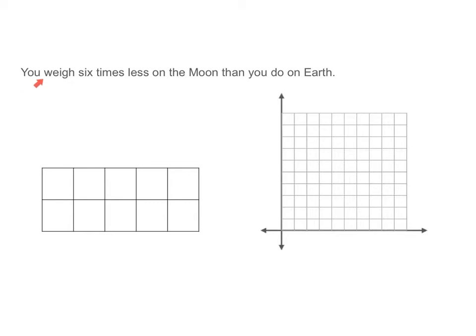All right. This example says you weigh 6 times less on the moon than you do on Earth. Is this a direct variation? Well, let's see. If it's a direct variation, then we need to be able to see how y varies directly with x. So let's fill out our table here. Again, we always have our x and our y.